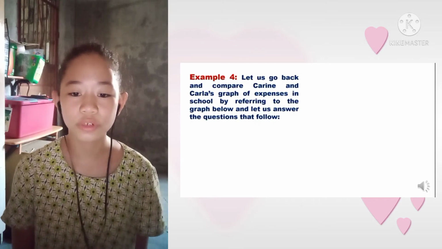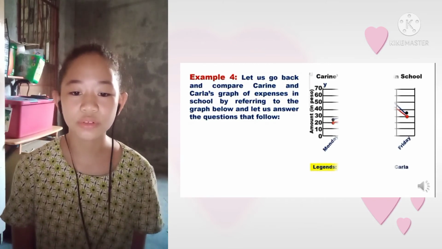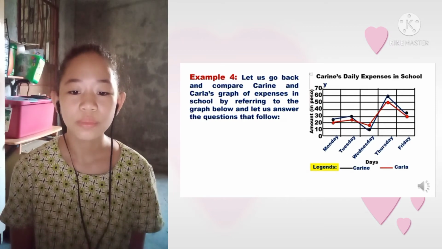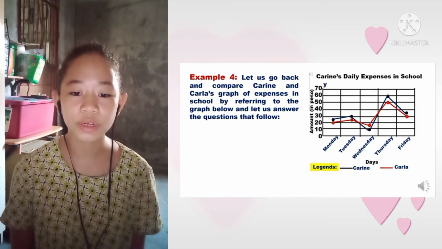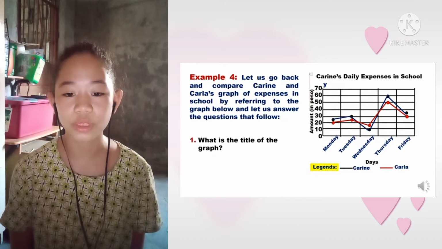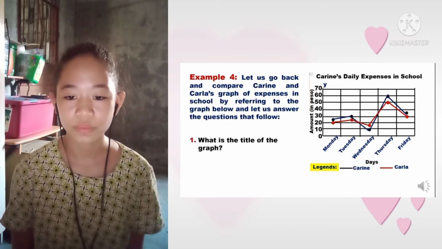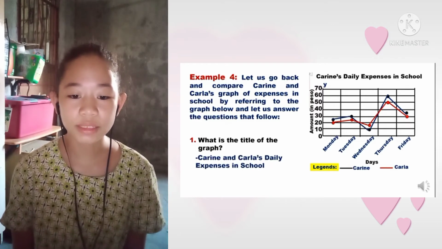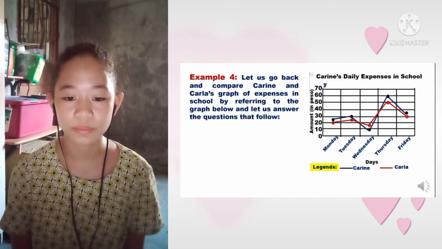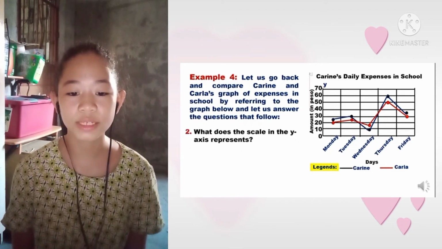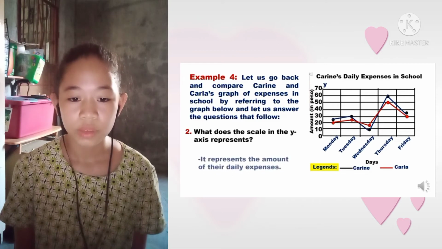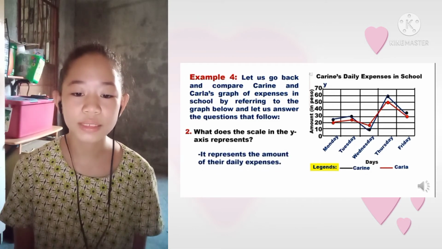Sample 4. Let us go back and compare Corinne and Carla's graph for expenses in school by referring to the graph below, and let us answer the questions that follow. What is the title of the graph? Corinne and Carla's expenses in school. What does the scale on the y-axis represent?